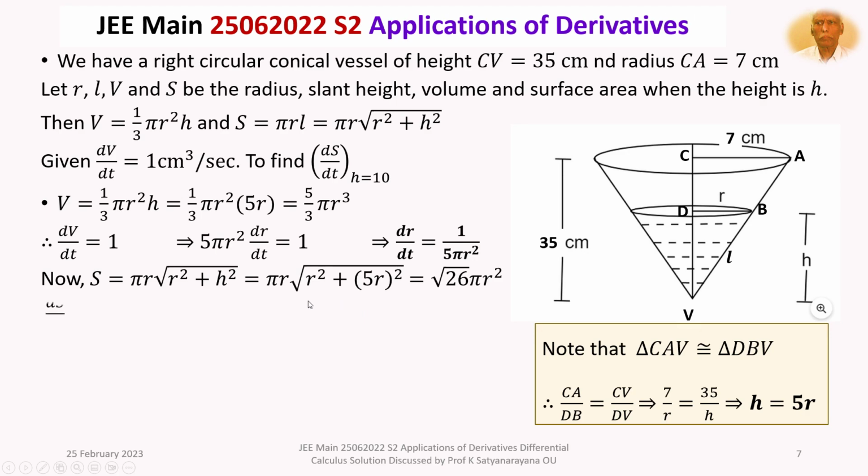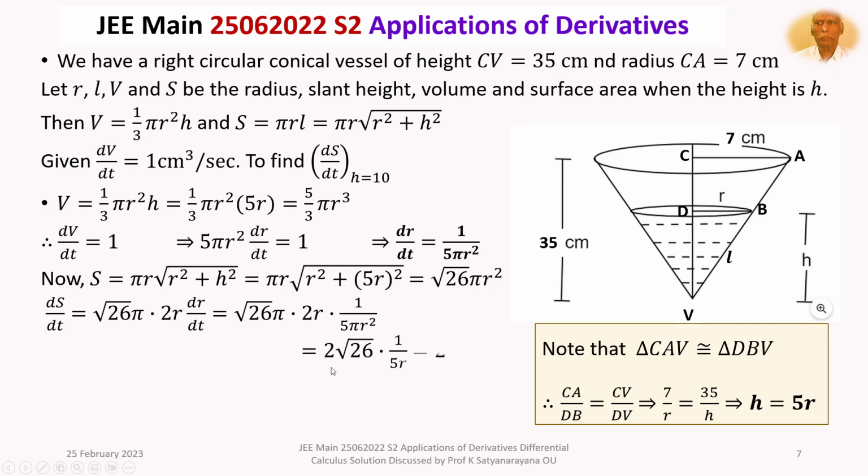Now dS by dt is root 26 pi into the derivative of r square, 2r into dr by dt. Now for dr by dt we have 1 by 5 pi r square. Pi cancels, r cancels, and you will get 2 under the square root of 26 into 1 by 5r. But 5r is h. Therefore, 2 root 26 into 1 by h.